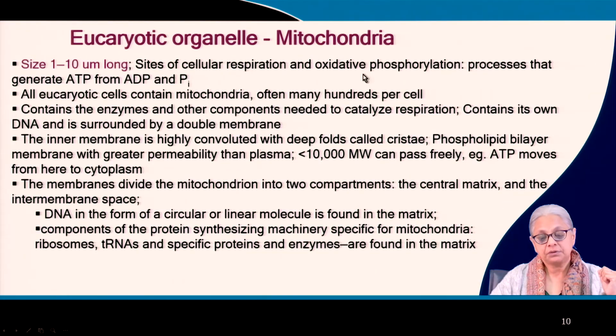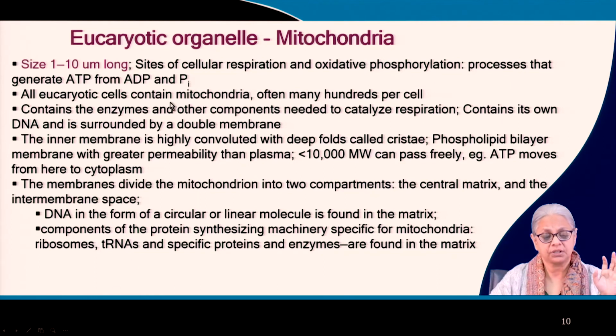Cellular respiration and oxidative phosphorylation is what helps any of these eukaryotes to generate ATP from ADP and phosphate. Adenosine triphosphate is generated when adenosine diphosphate combines with another phosphate to form ATP.